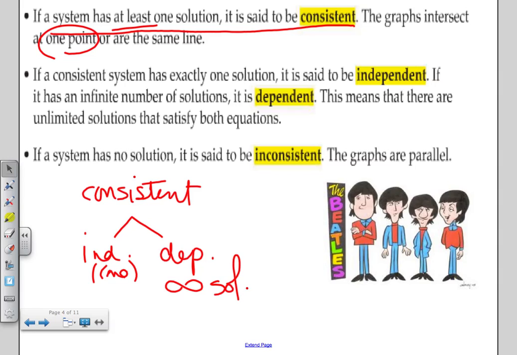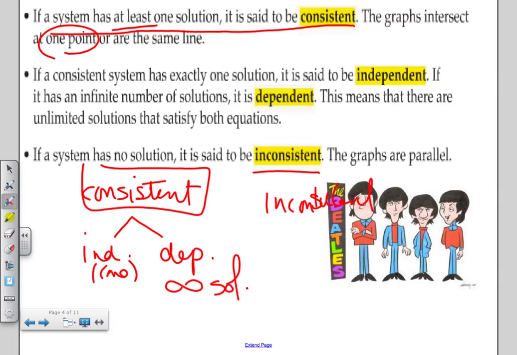If a system has no solution, it is inconsistent. So we have consistent and we have inconsistent. And under consistent, we either have independent or dependent. So you might want to take your notes in a graph like that to help you break down what these words mean.